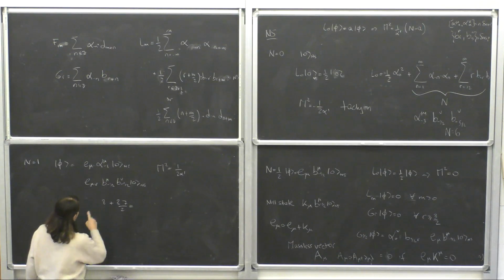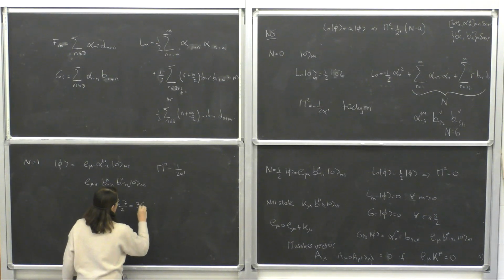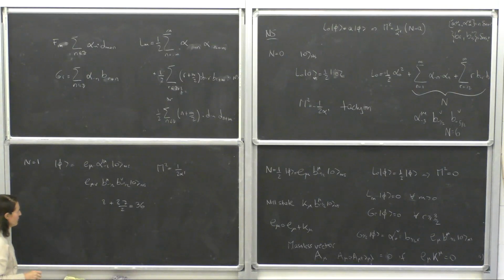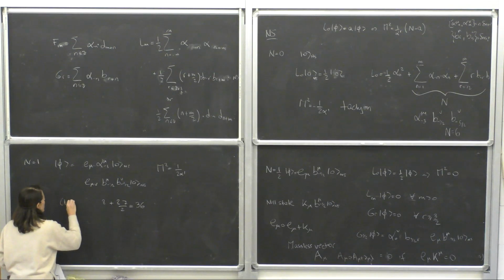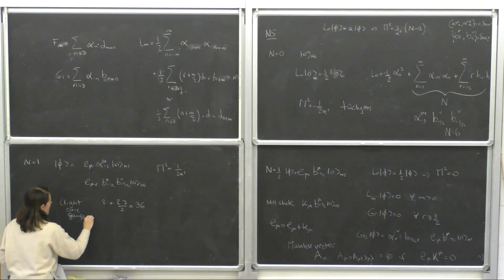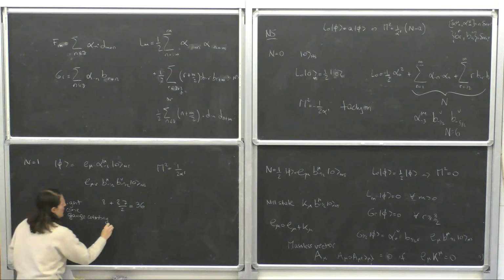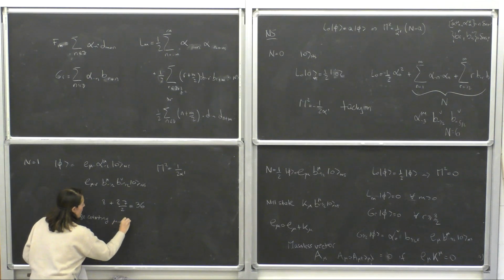So 36 degrees of freedom. So if you work hard and do the physical state conditions, you should have the same. So I'm doing here this light-cone gauge counting, replacing the mu by an i index.